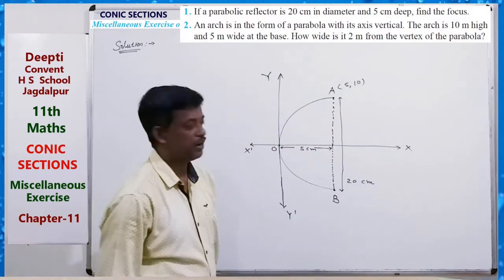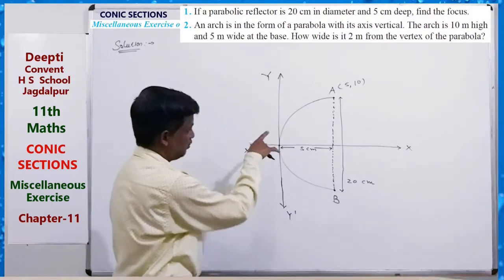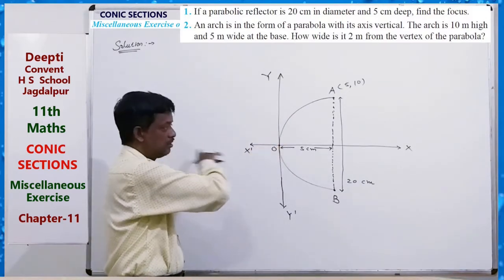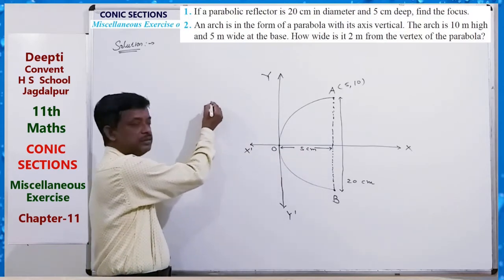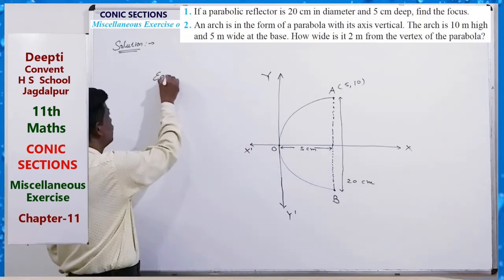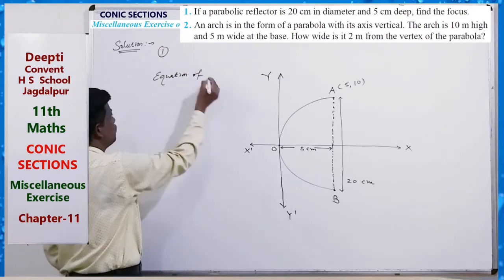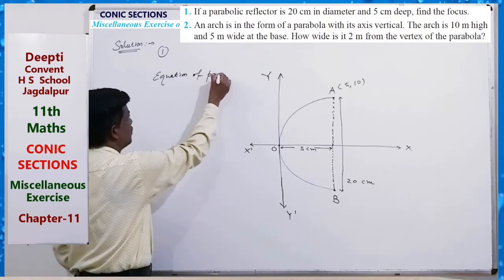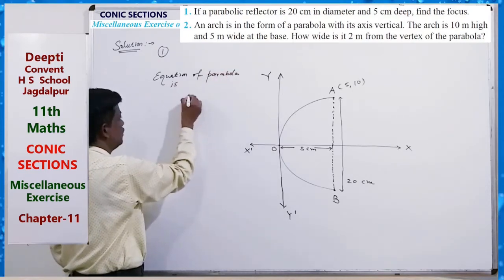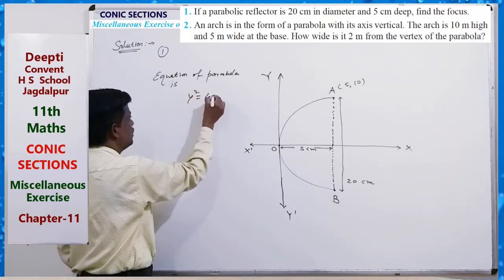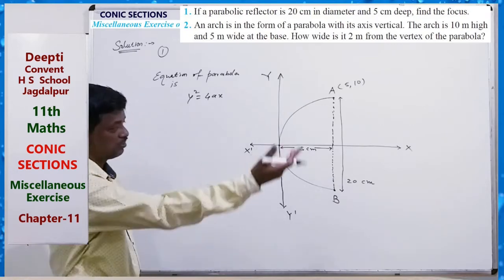So A is a point on the parabola, and a parabola with axis along the x-axis can be written as y square equals 4ax, because it opens to the right.